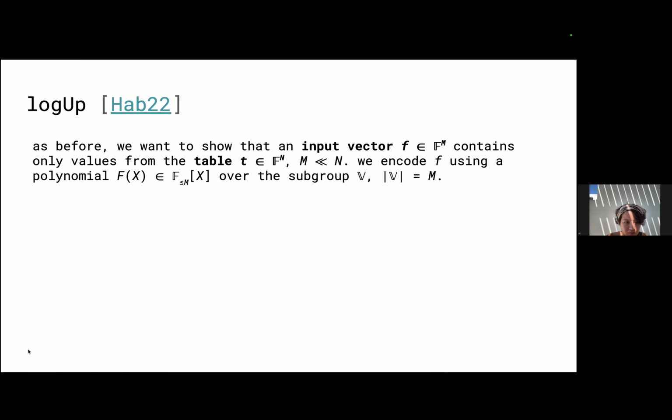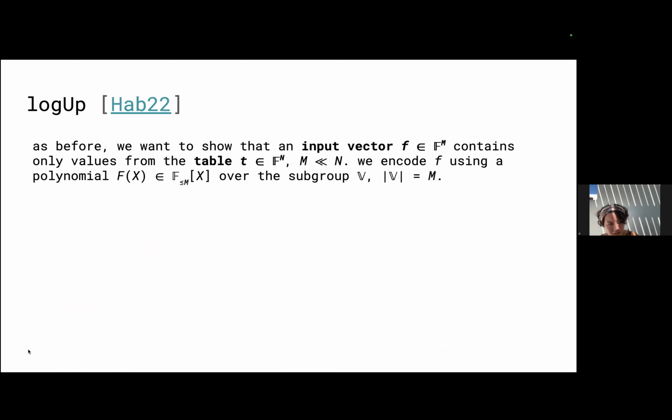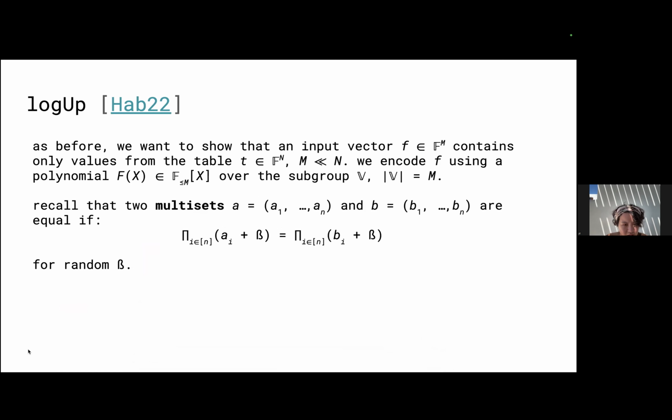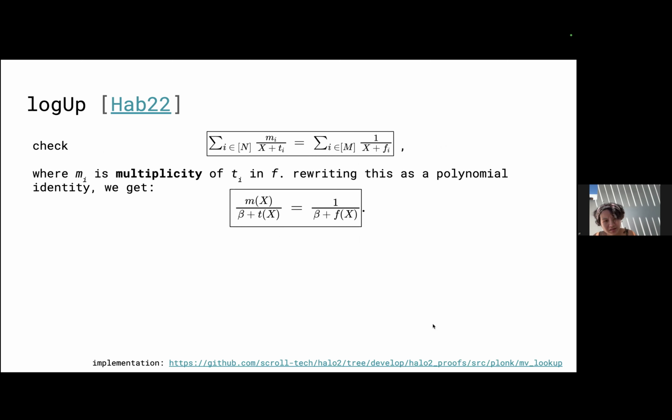So yeah, a more recent lookup argument is lookup that uses, instead of using the multi-set equality in the product form, the logarithmic derivative form that converts the identity to a sum.